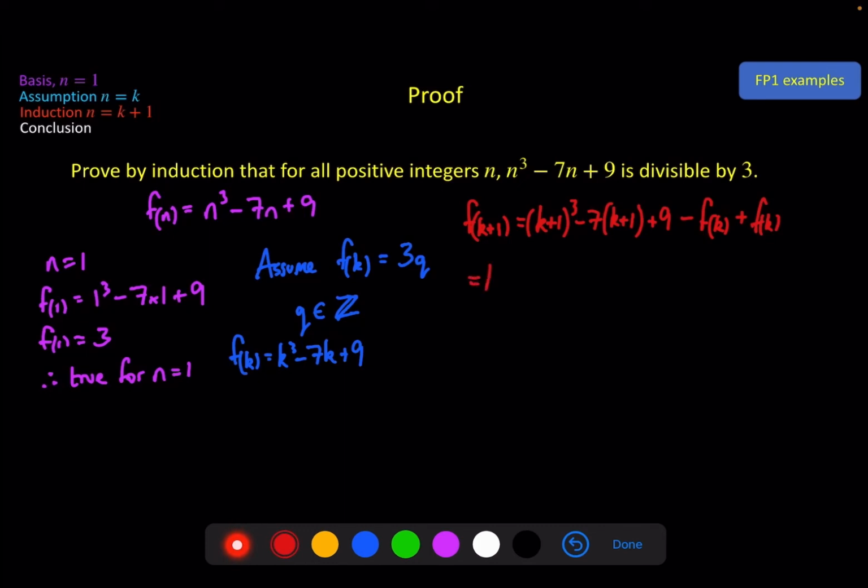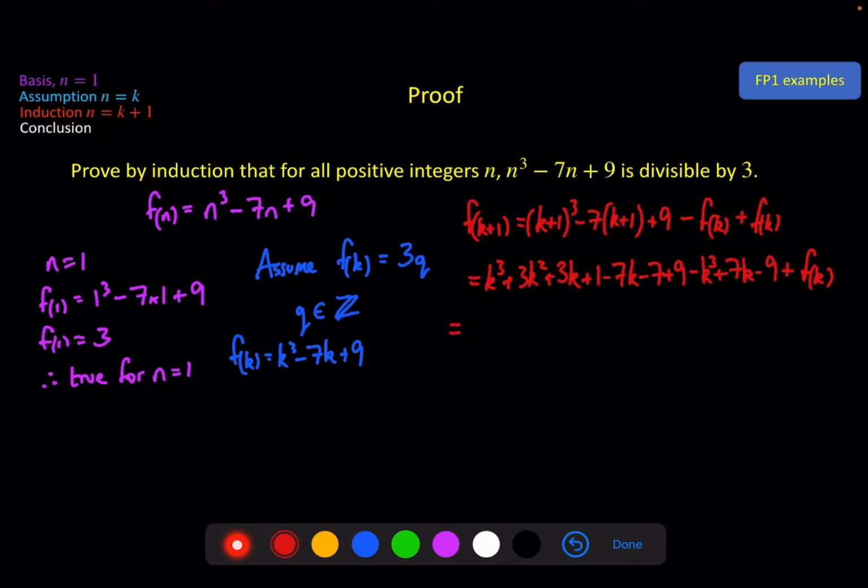So that gives me k cubed plus 3k squared plus 3k plus 1 minus 7k minus 7 plus 9 minus f of k, which is k cubed, and then minus 7 gives us a plus 7 there, and minus 9, and on the end plus f of k. So I've just expanded all of this out and substituted in this with a negative in front.